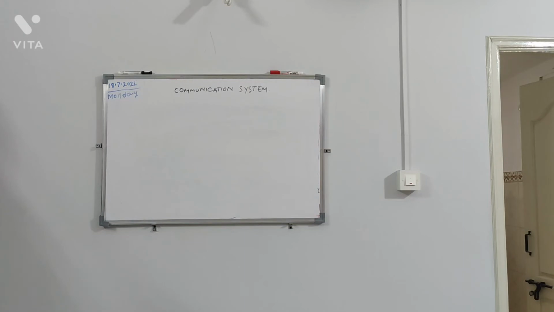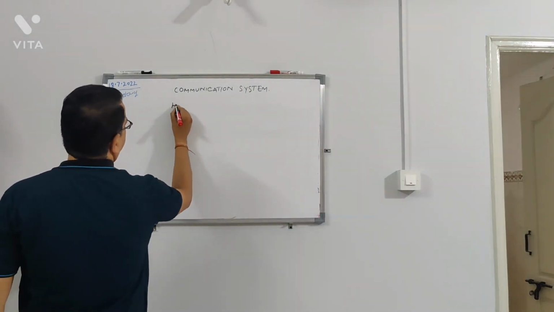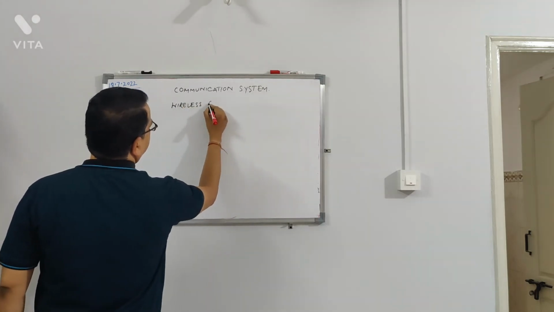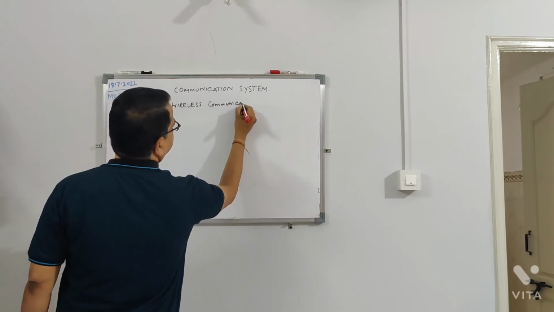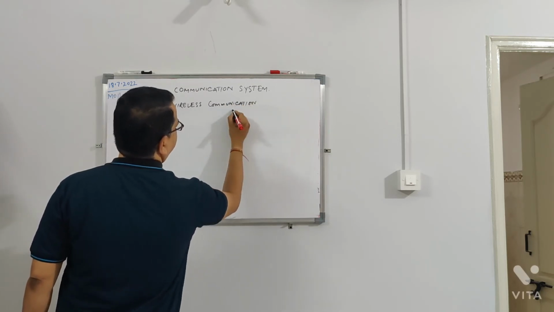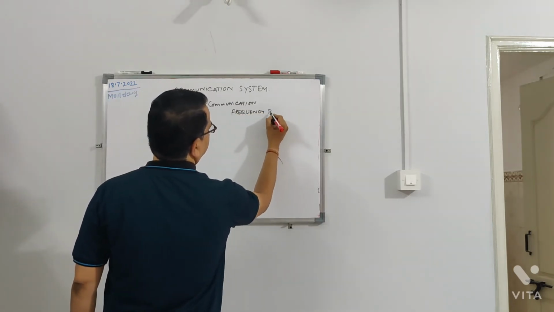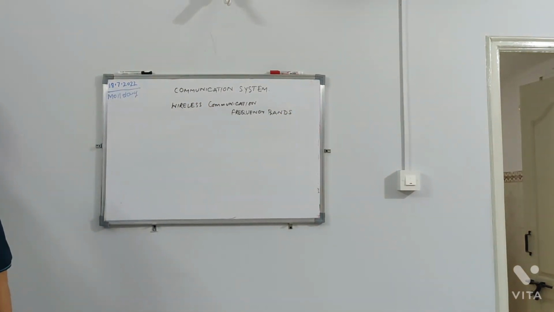Wireless communication frequency bands. What are the different frequency bands allotted for wireless communication?